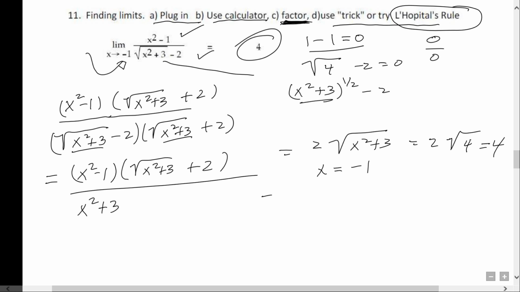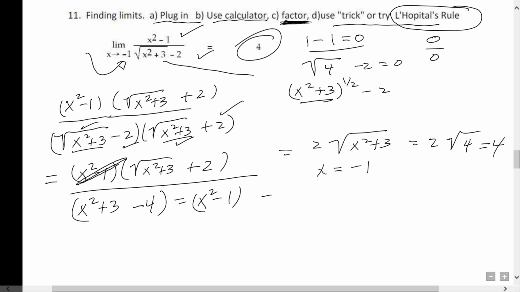And then the outside terms is plus 2 times the radical. The inside is minus 2 times the radical, so they cancel, and then you get simply minus 4. So notice this denominator becomes x squared plus 3 minus 4, which is equal to x squared minus 1.